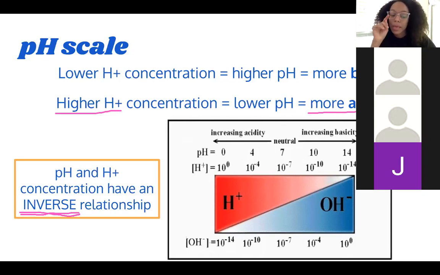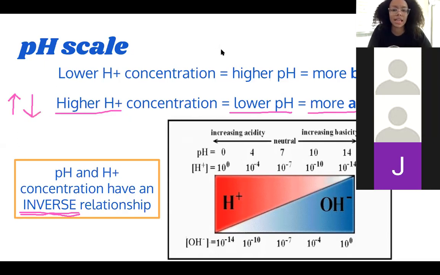But we talked about on the pH scale, the strongest acid has the lowest pH, right? We're talking pHs below 7, the lowest pH. So this is an inverse relationship. The higher the hydrogen concentration, the lower the pH.